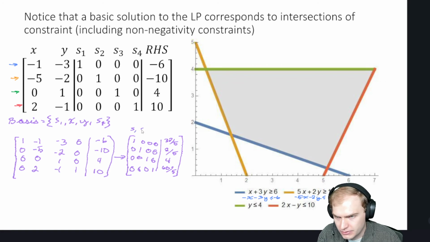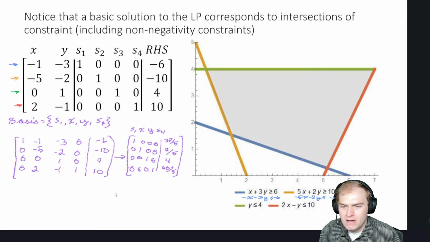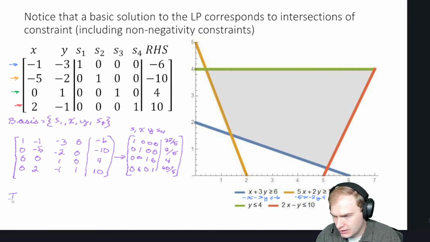First column was S1, X, Y, and S4. So this translates to an identity matrix times S1, X, Y, S4 equals our right-hand side.